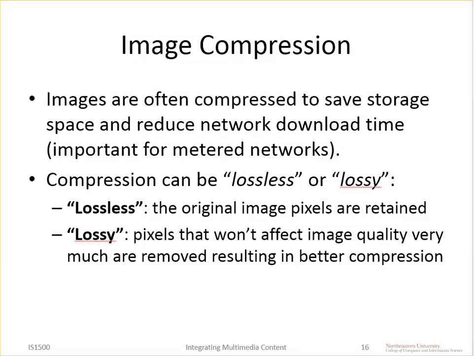All your phone cameras, all your digital cameras generally compress images. That helps you reduce storage space and also reduces network download time. Think about it. If you download a lot fewer bytes over your network connection, it's going to go a lot faster. Also keep in mind that many of your users will be running over metered connections. Metered means that they pay by data.